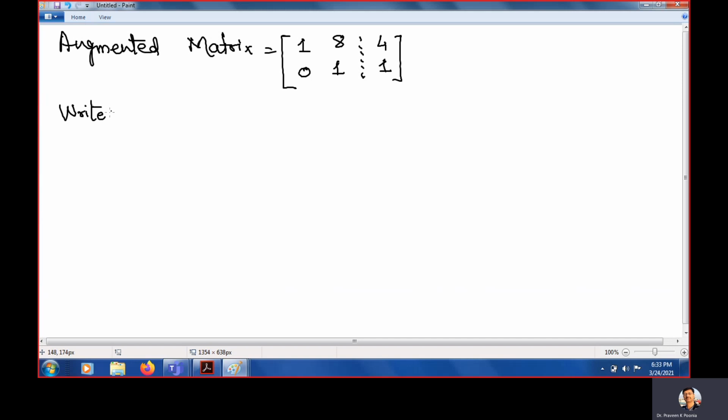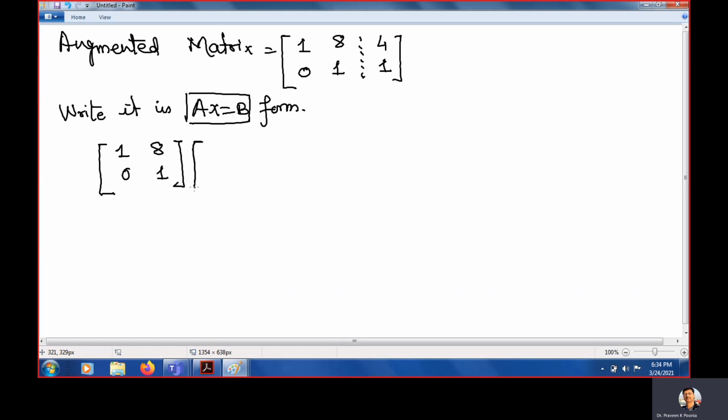Clear? So you need to write this in AX equal to B form: the matrix 1 8, 0 1 times X, Y equals 4, 1.